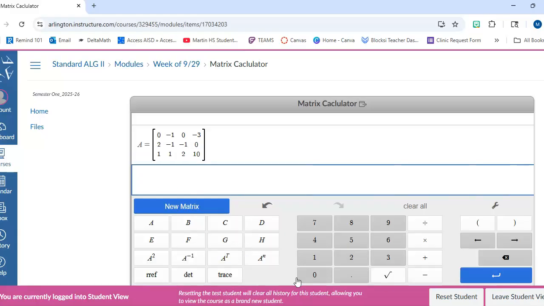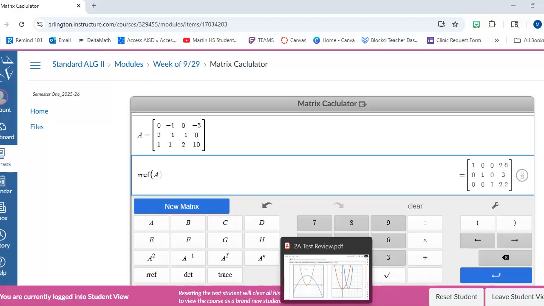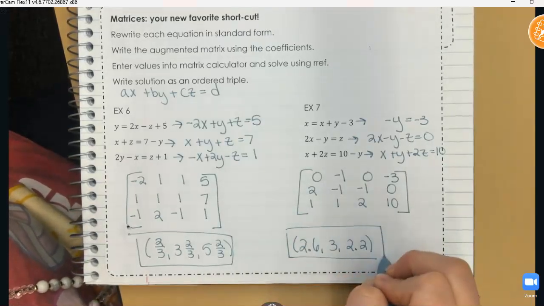So that is all good to go. Reduced row echelon for A, and there are my answers. Not pretty, but I did not have to figure them out for myself. 2.6, 3, and 2.2. So going back to my paper, I've got my ordered triple, and there are my 3 answers.